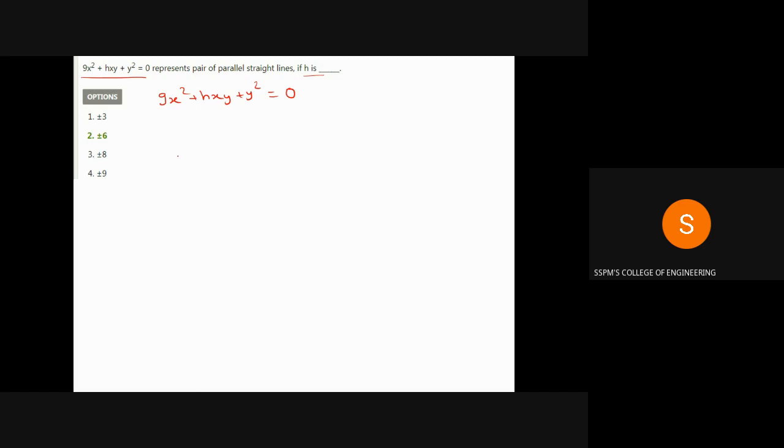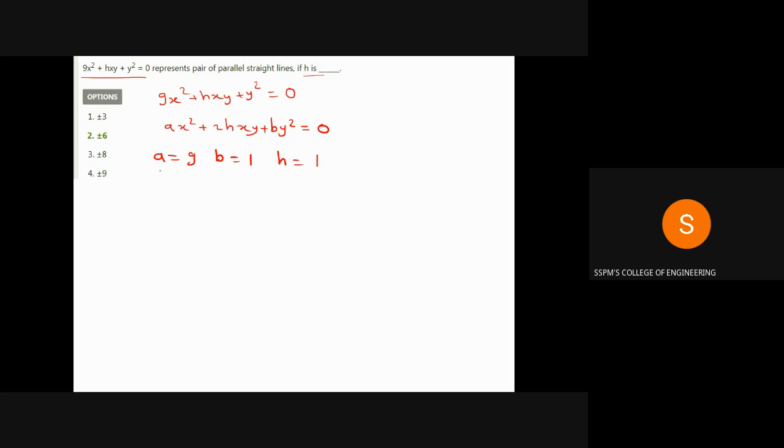Now let us compare it with the standard form. What is the standard form? It is ax square plus 2hxy plus by square is equal to 0. Means a is equal to 9, b is equal to 1, and h is equal to also 1.